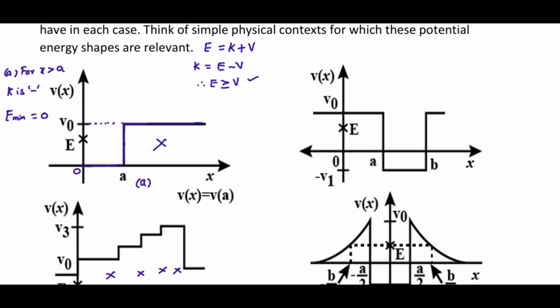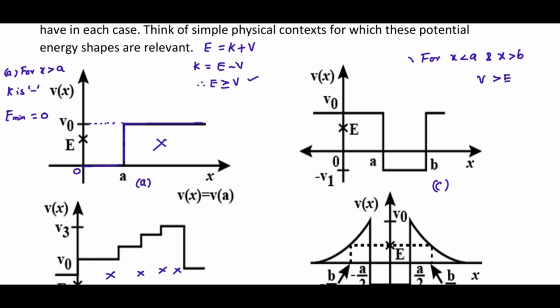Coming to, suppose say it is question number C. Here, in the region below A and above B, for x less than A and x more than B, potential energy value is more than total energy.